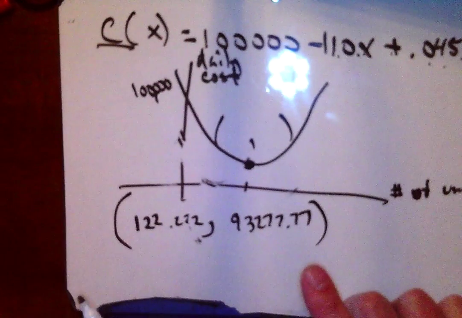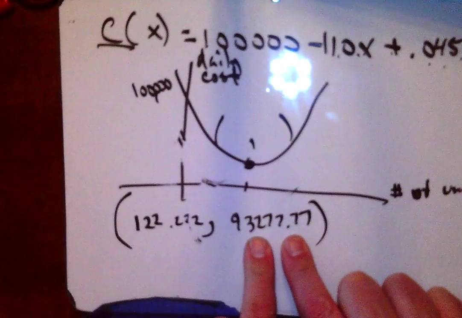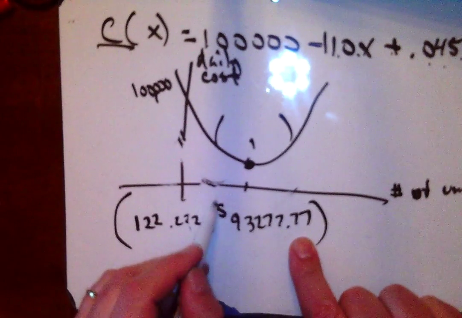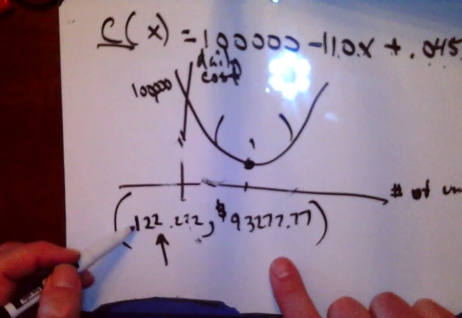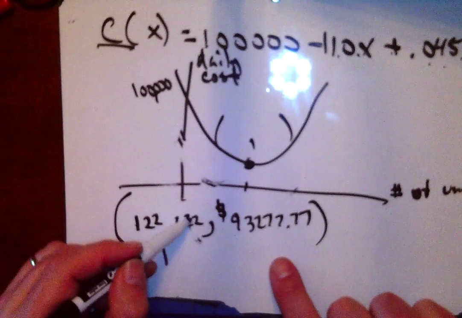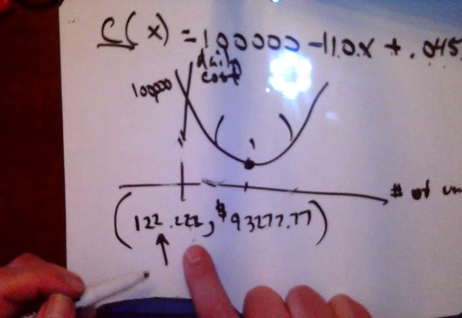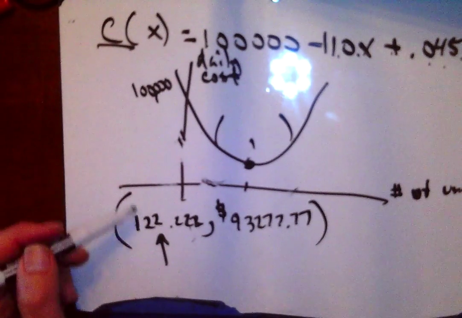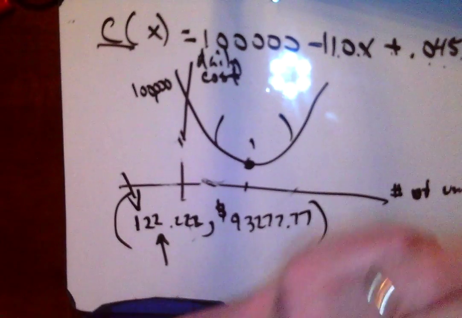Okay, so that's the minimum daily cost, $93,277.77. And I need to produce 122, and as I'm making the 123rd one, that's when I reach my minimum cost. So ideally, I only make 122 each day.